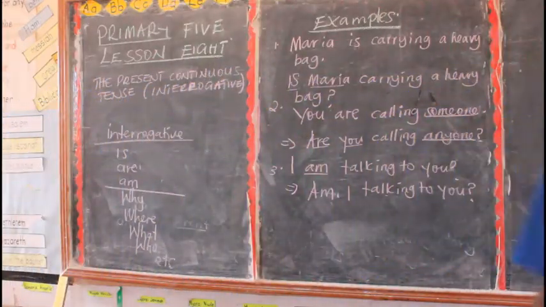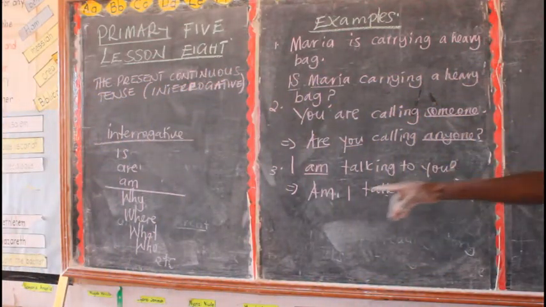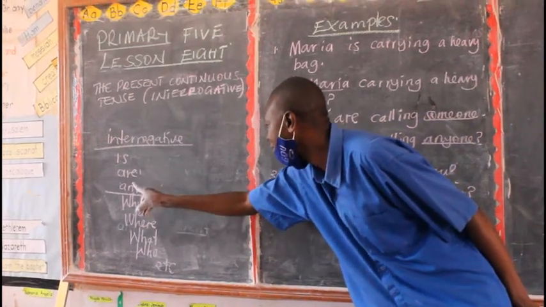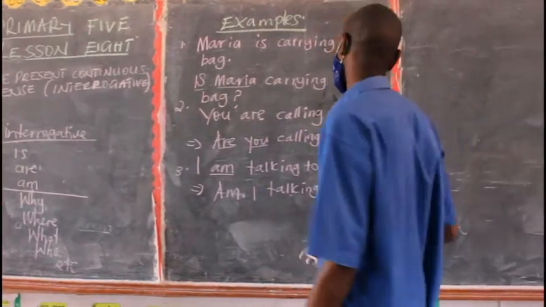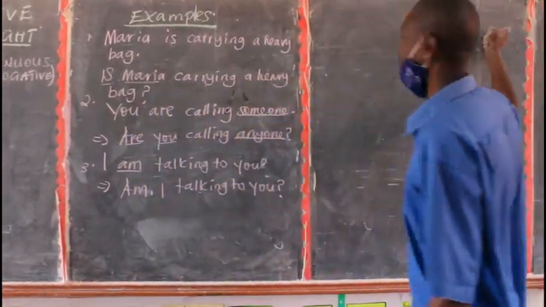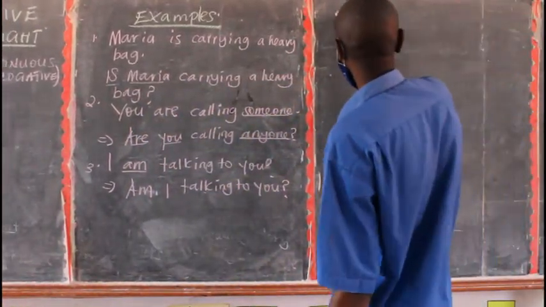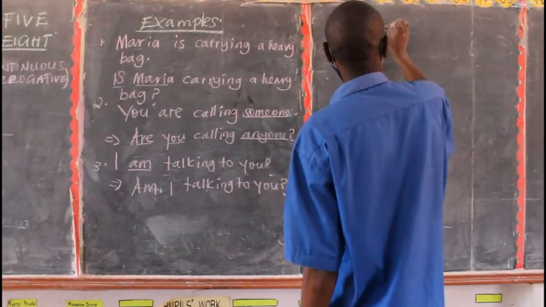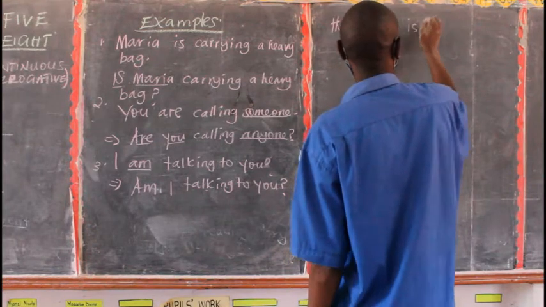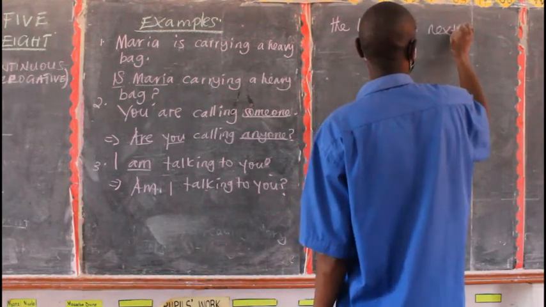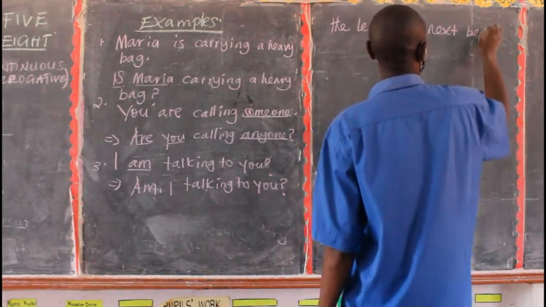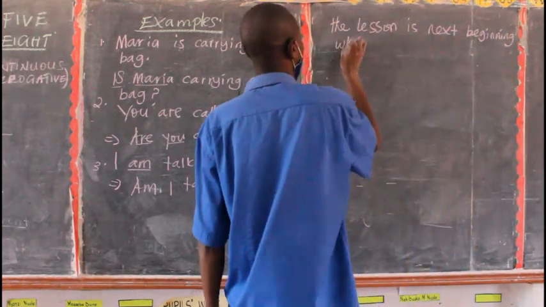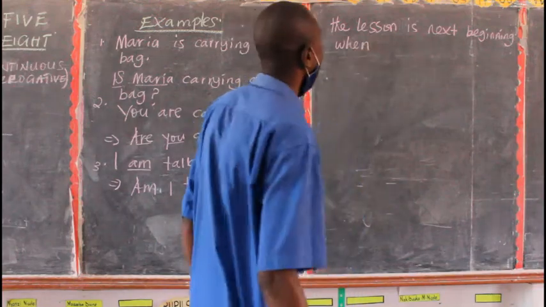Let's look at an example where we shall find both an interrogative pronoun and a helping verb. They can give you a jumbled sentence and say maybe: the lesson is next beginning, then they ask, when?